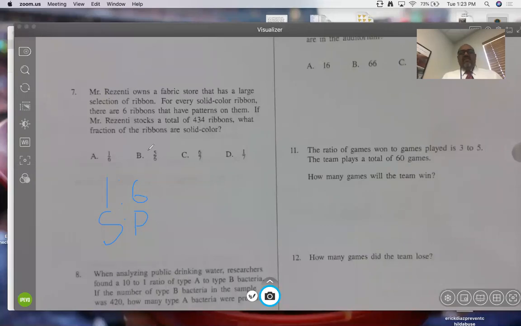So let's eliminate these for now and see if these don't work out. We have a total of 434 ribbons. Let's try a ratio of 1 to 7 and see if that works out. This is where it gets a little bit tricky from the math part, and see if 7 will go into 434.